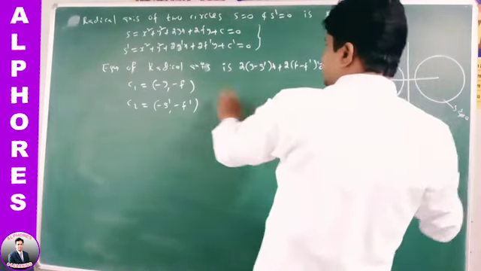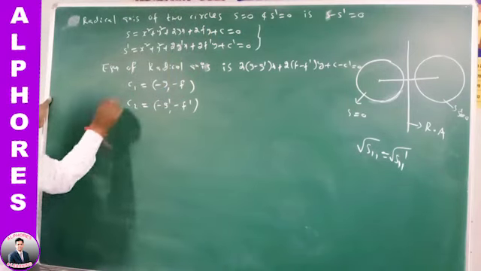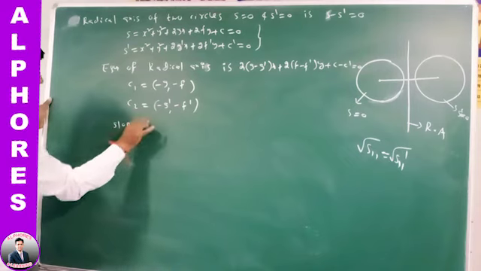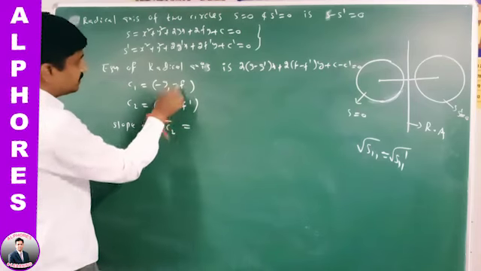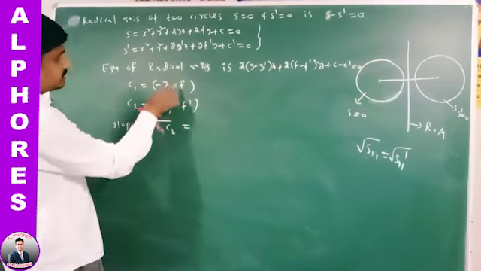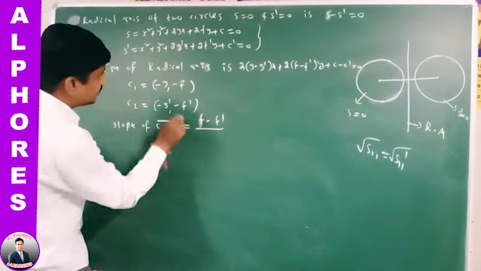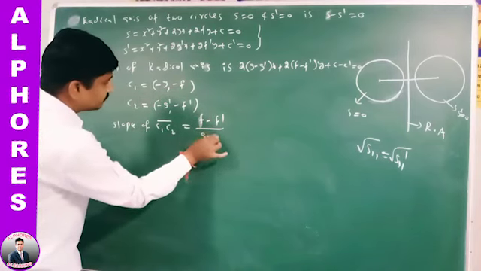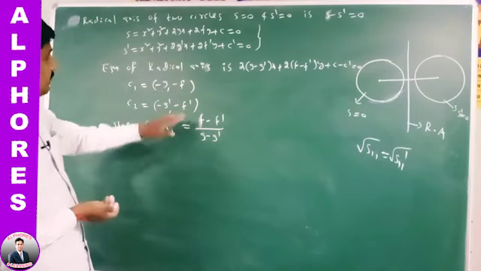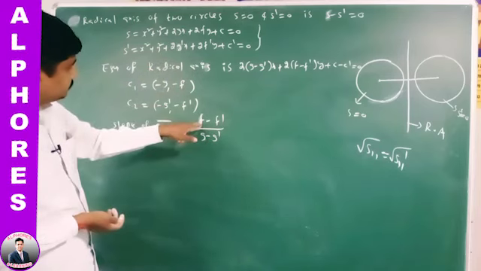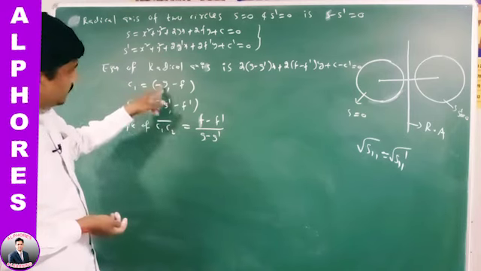The line joining the centers is perpendicular to it. The slope of the line joining C1 and C2 is (y2 - y1)/(x2 - x1), which is (f - f')/(g - g'). That is, (-f' + f)/(-g' + g), minus into minus plus.